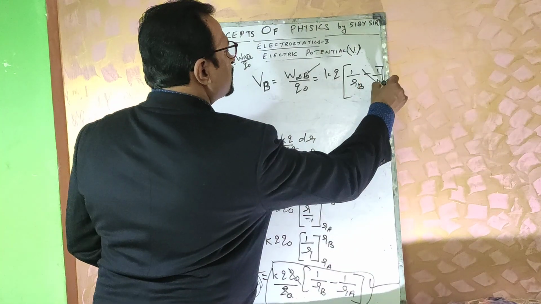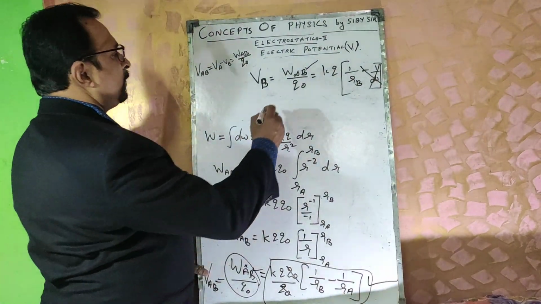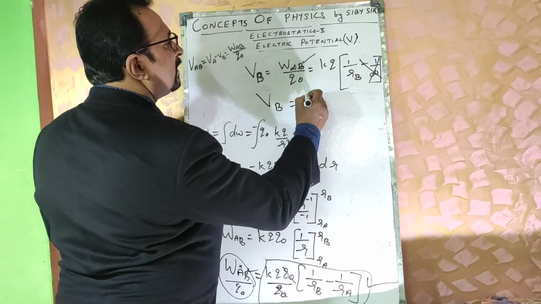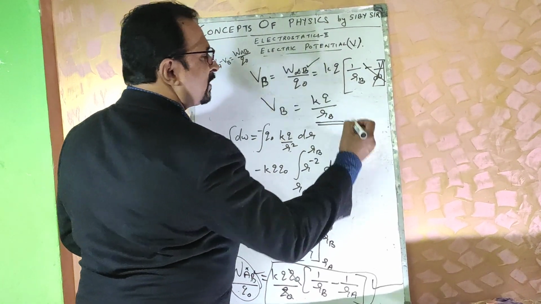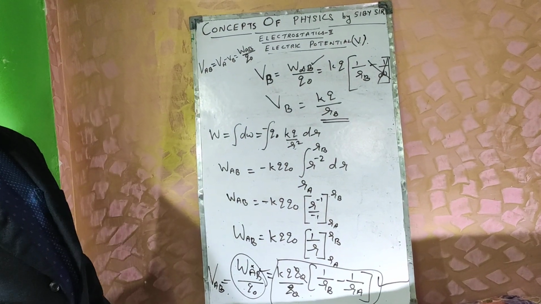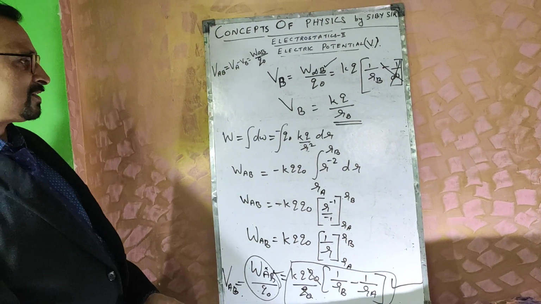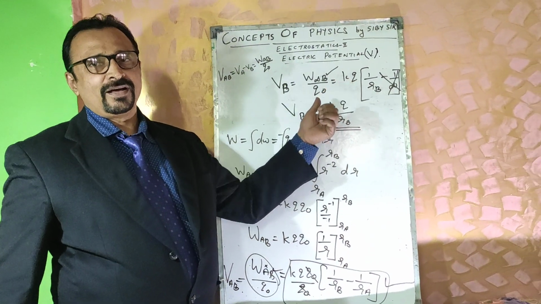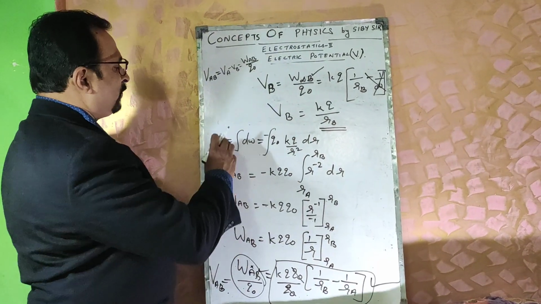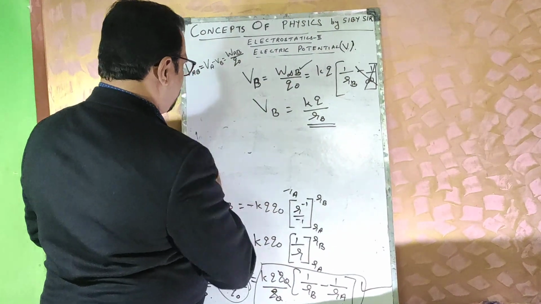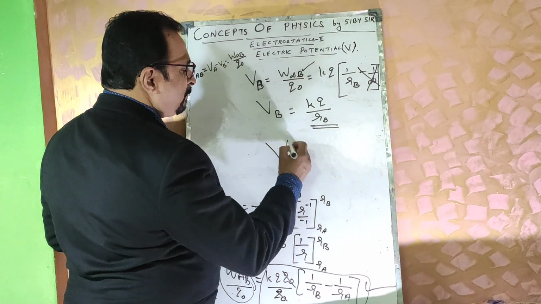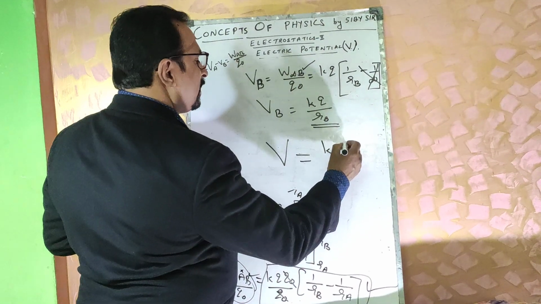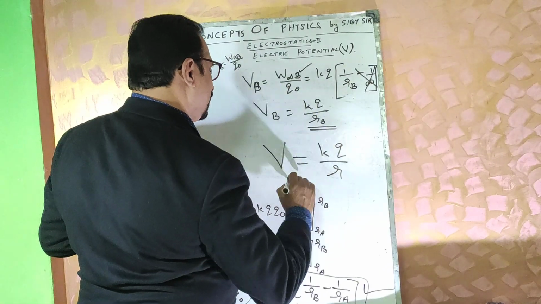So, this will become 0. So, potential at B means KQ by distance of B from the source charge. Right? What is potential at A? KQ by RA. K into Q divided by distance of the point from the source charge. So, you can generalize. Potential at any point is equal to KQ by R.